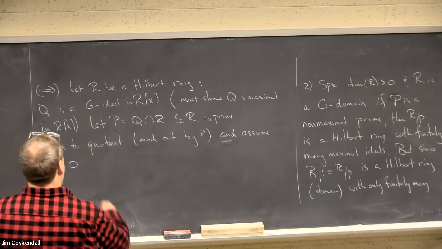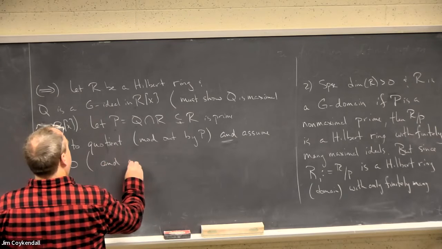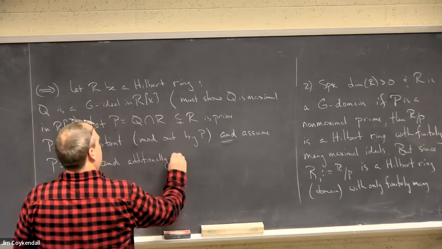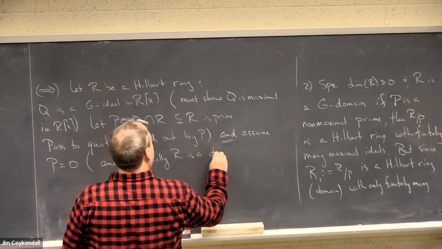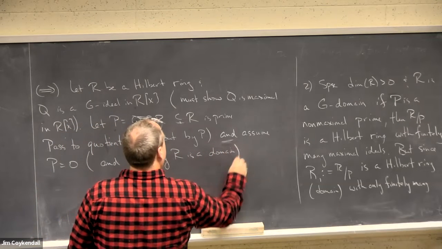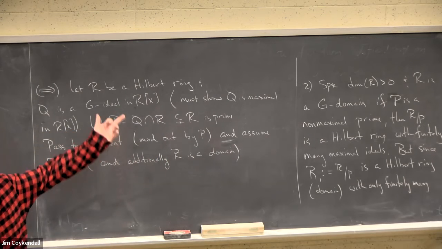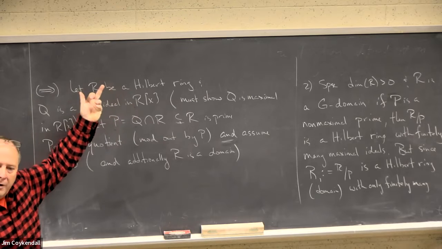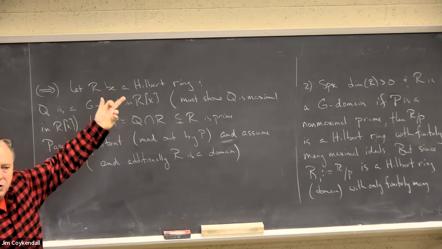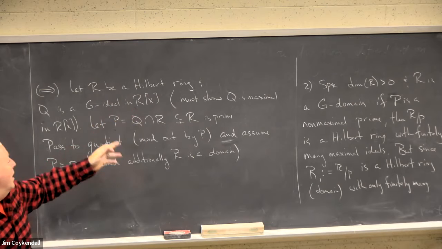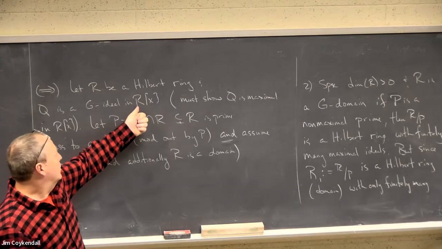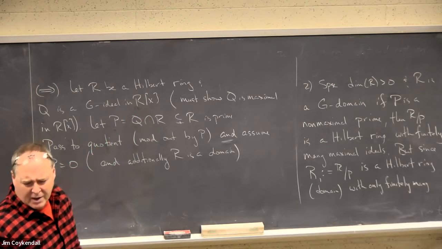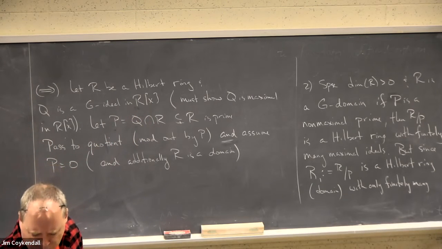Assume P is 0, and additionally, R is a domain. So we pass from considering R, Q and R[x] to considering R mod P, Q mod P[x] and R mod P[x]. So now we've replaced R by R mod P, and we've got the extra added bonus that we can assume that R is a domain.